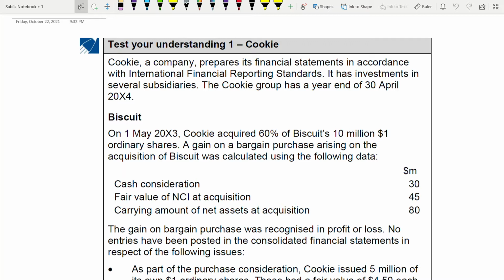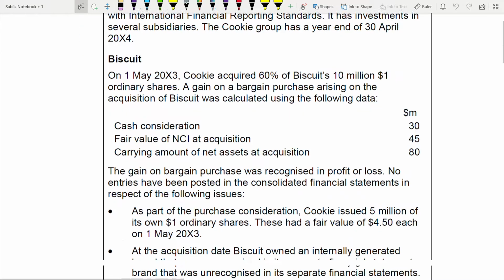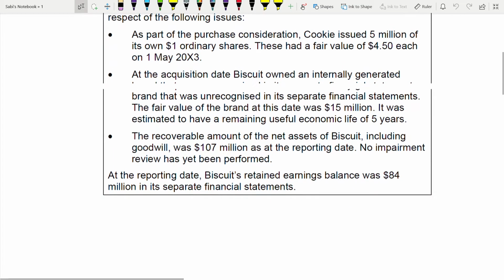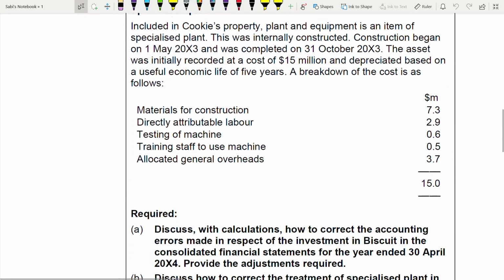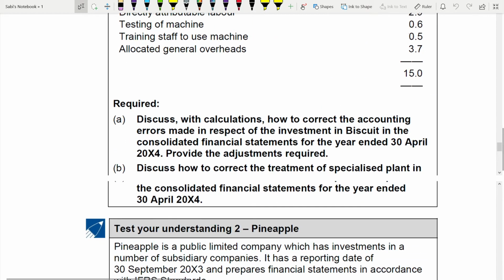So let's start with test your understanding Cookie. This is from your textbook, once again the Kaplan textbook of SBR, which is the last chapter. If you see the question, this is a group accounting question, but we'll read the requirements first. Discuss with calculations how to correct the accounting errors made in respect of investment in Biscuit. So some accounting error has been made.